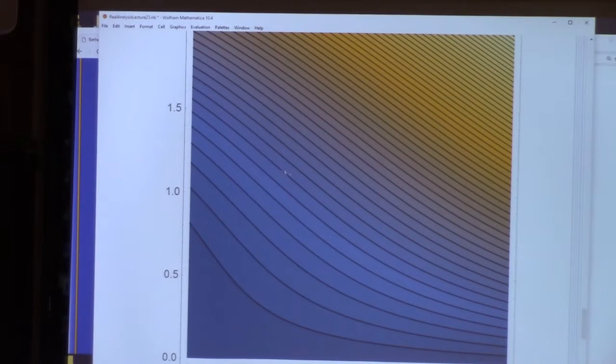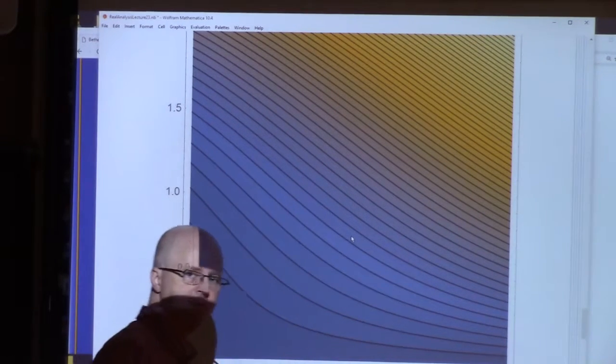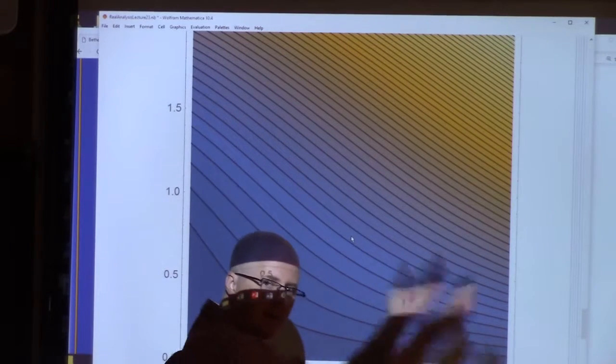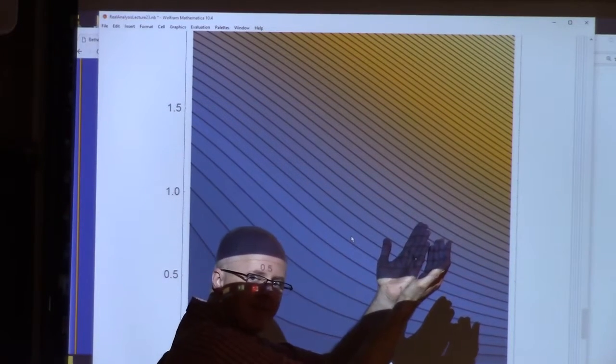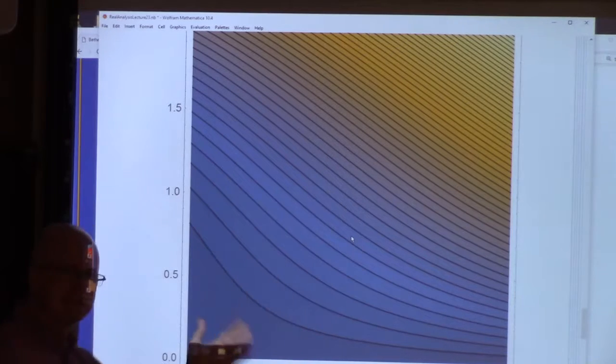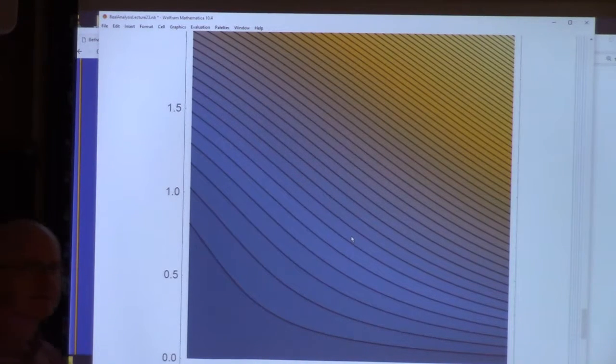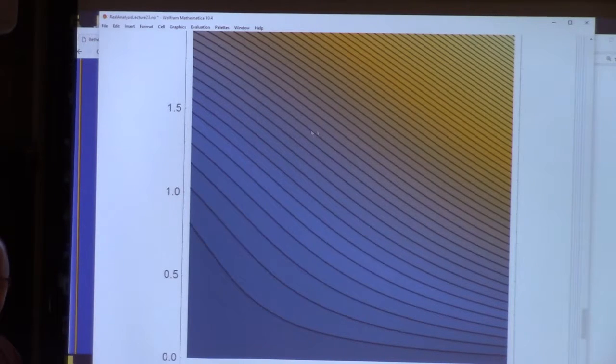It's not changing so fast down here where the level curves are far apart. Because of that, if you graph this in three-dimensional space, it would be concave up this way. It spends most of its time, so to speak, in low values. In the majority of this region, the function's closer to lower values, closer to 0 than it is to 27.